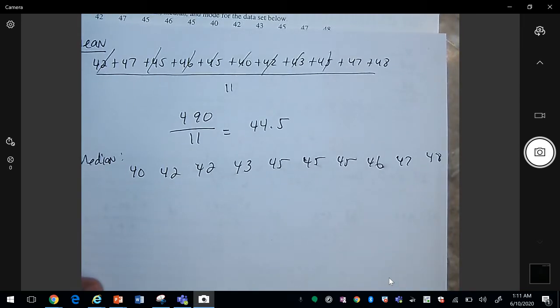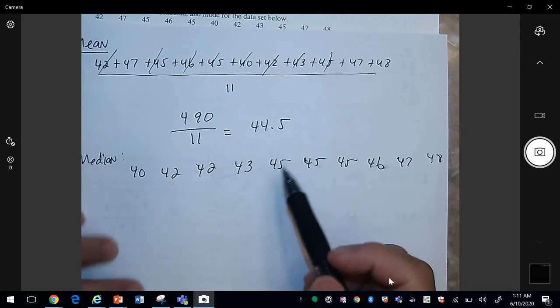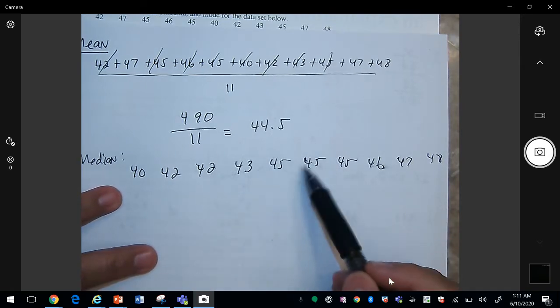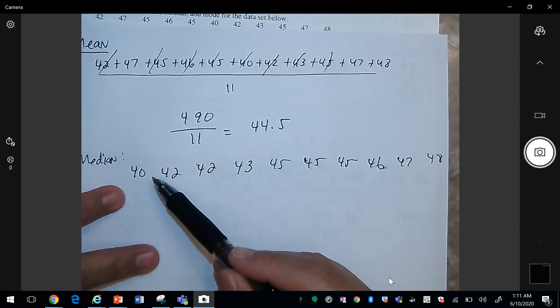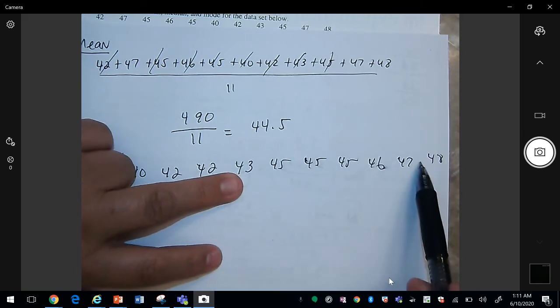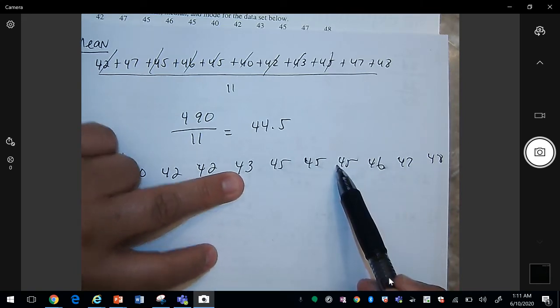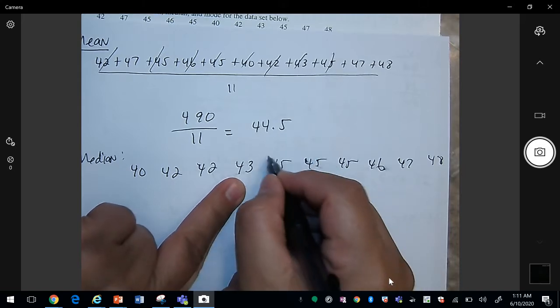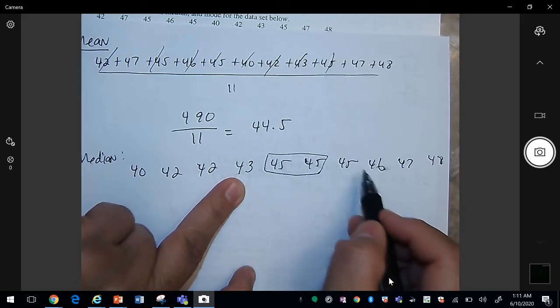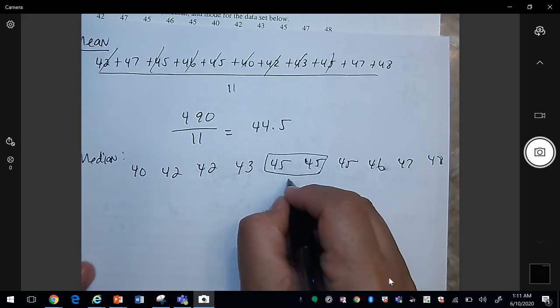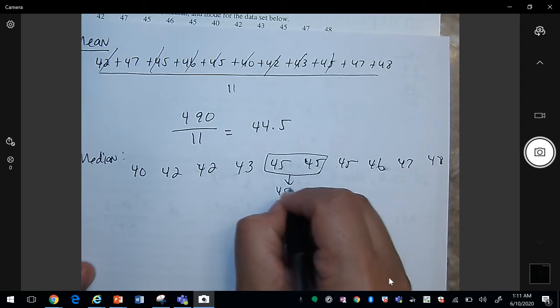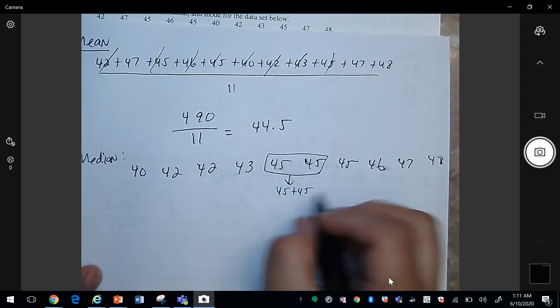Once we have them in order from smallest to greatest, then the median is going to be the number in the middle. It could be one number or two numbers. In this case, we have two numbers in the middle. So to find the median, we would add 45 plus 45 and divide by 2.